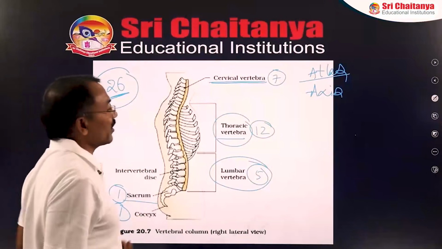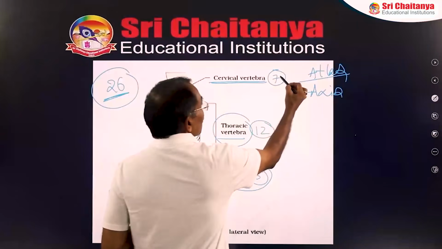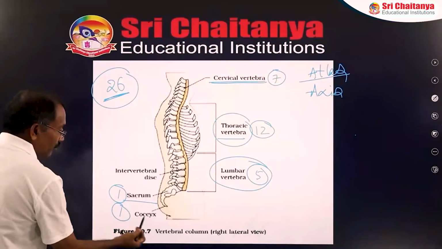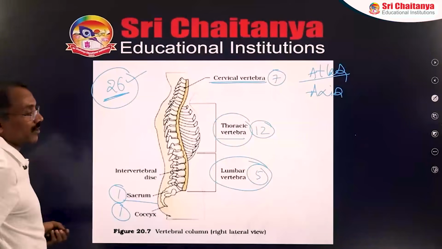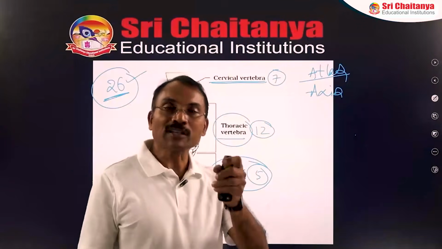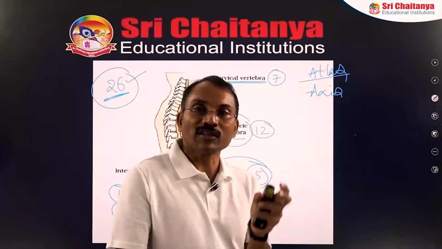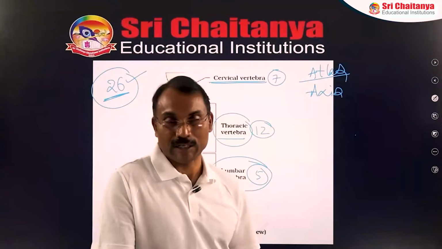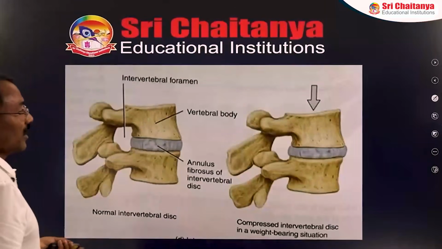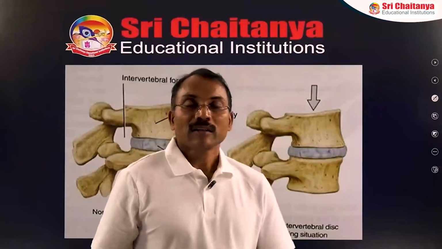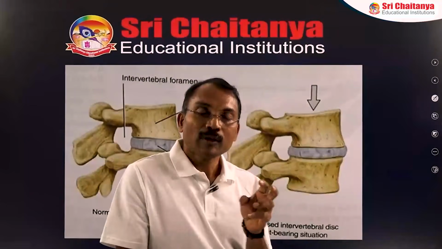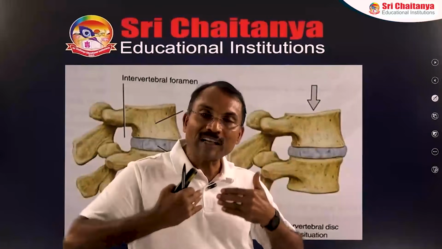What are the 26 vertebrae in our vertebral column? 7 cervical, 12 thoracic, 5 lumbar, 1 sacrum, 1 coccyx, total 26. Whereas if the question is, how many vertebrae are seen in the human embryo? The answer is 33 vertebrae.